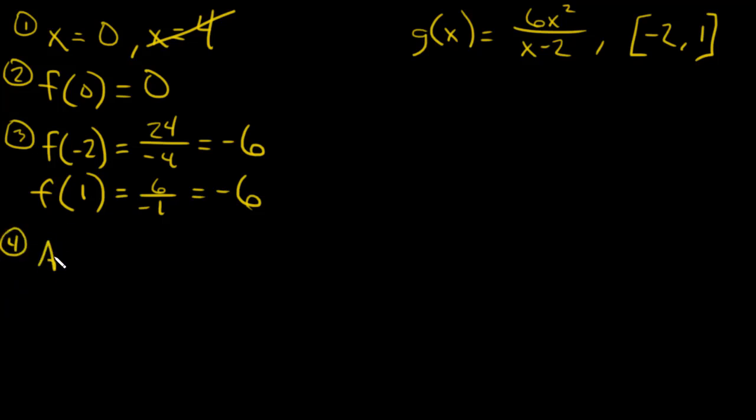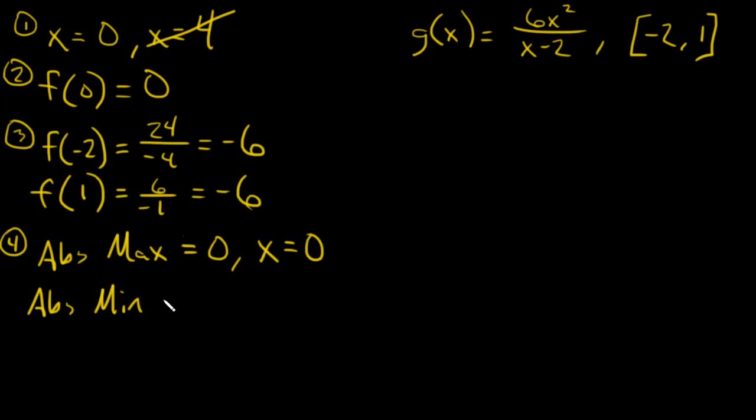Well, the absolute max is where I get a 0 for my y value, so that occurs at x equals 0. And the absolute minimum occurs at y equals -6, which happens at x equals -2 and x equals +1.